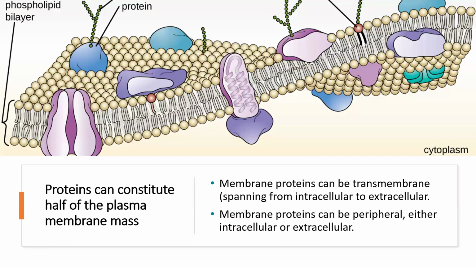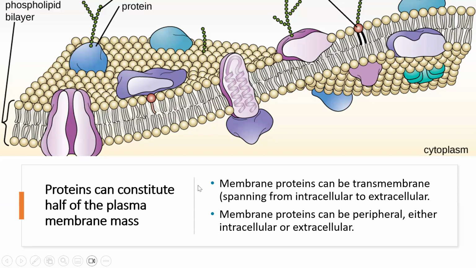Now, something kind of interesting about these phospholipid bilayers is that the proteins can actually constitute up to half of the plasma membrane mass. So it's not just phospholipids, it's actually going to have all sorts of proteins through there. So we're going to have things that span from extracellular to intracellular, like this guy here or this guy here.